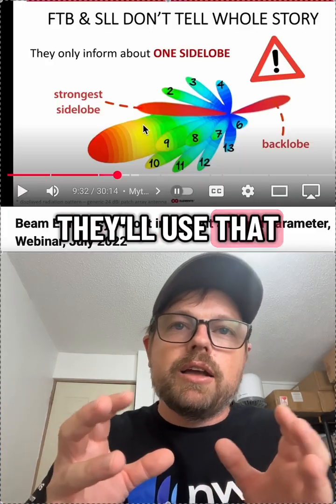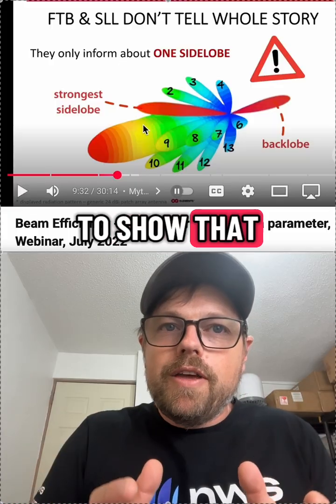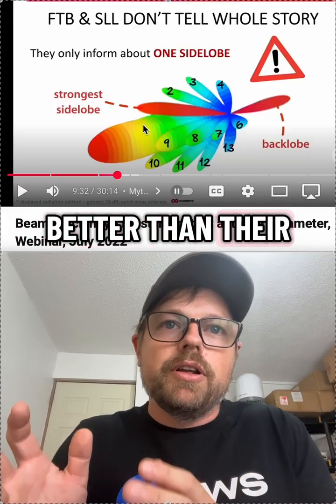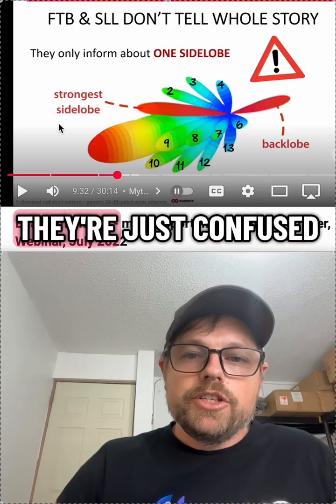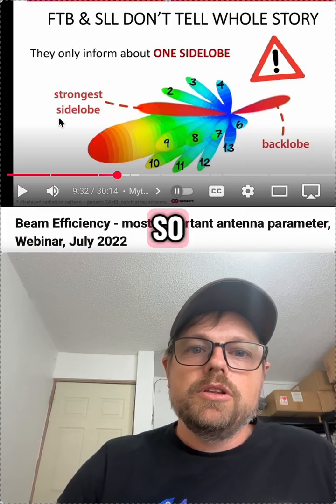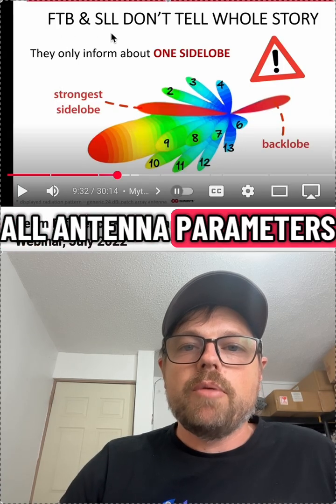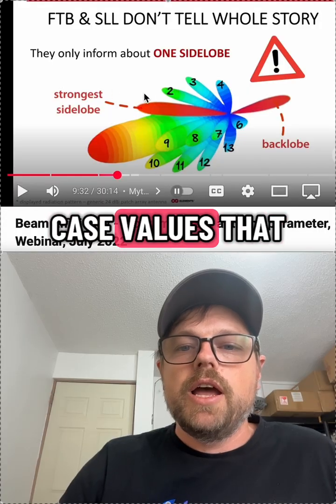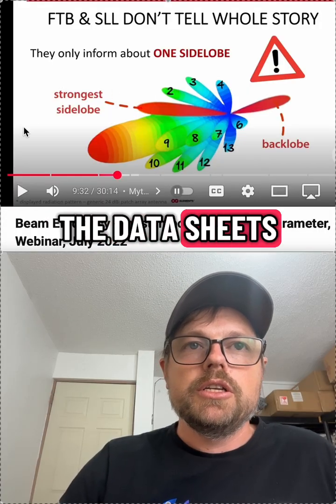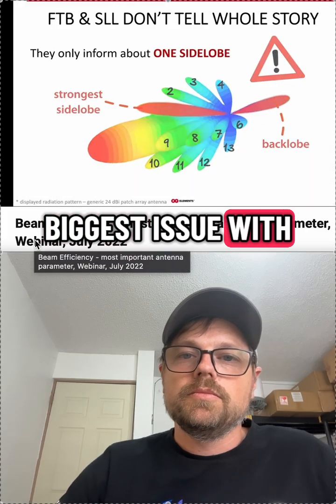They'll use that in a comparison table to show that their antennas are better than their competitors. They're just confused about this. So, as is the case with almost all antenna parameters, it's the worst case values that show up on the data sheets. Which is the biggest issue with these metrics.